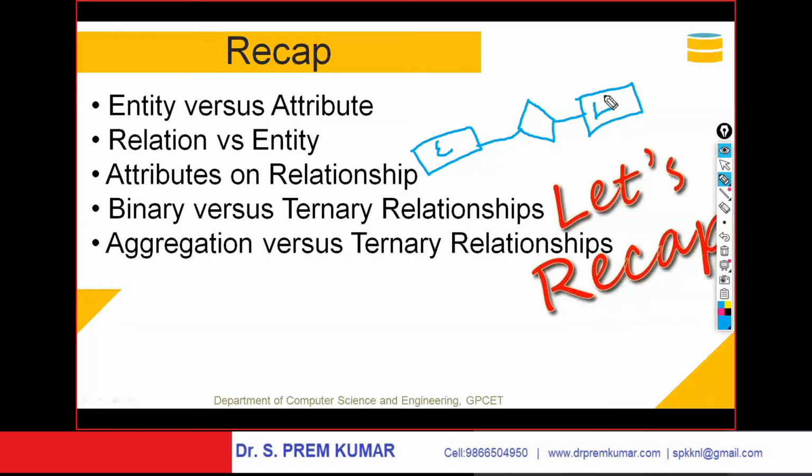The employee is working for a department from date to date, from so and so date to so and so date. These fields, these attributes, neither belong to employee nor belong to department. They belong to both.